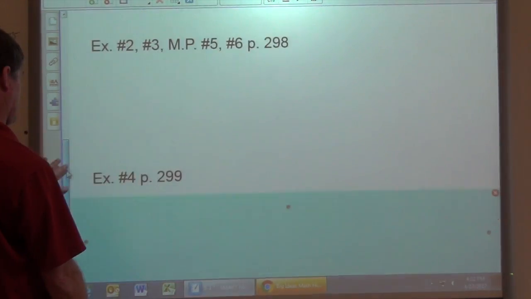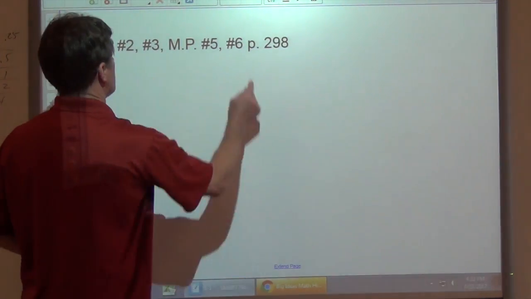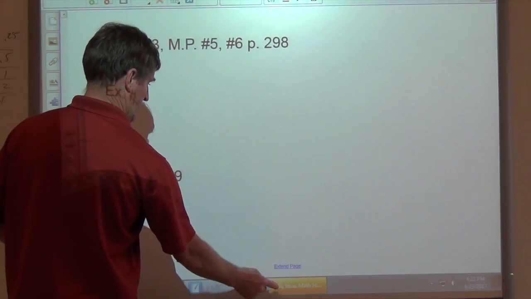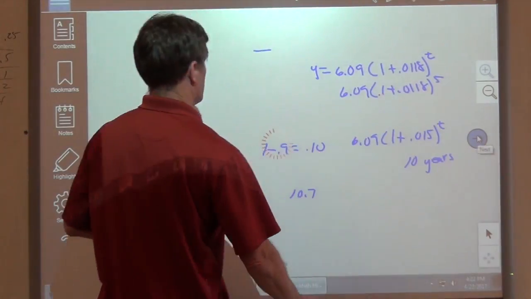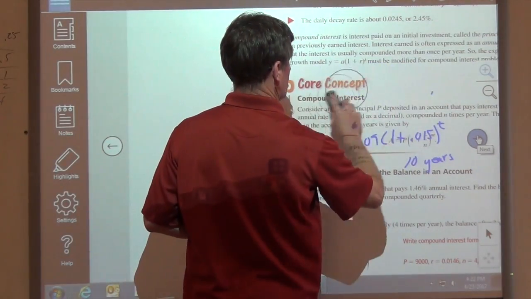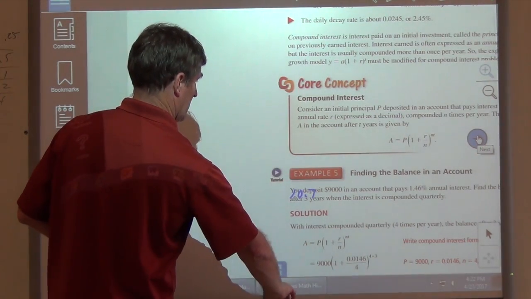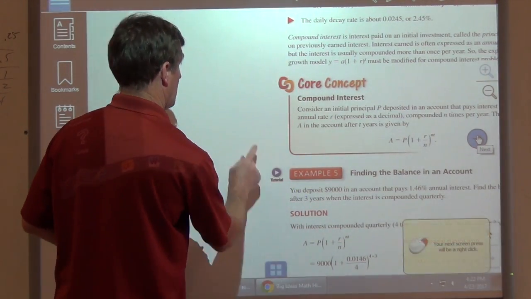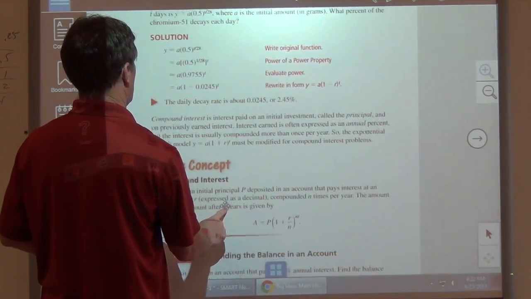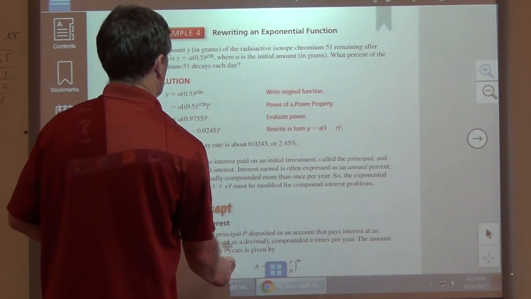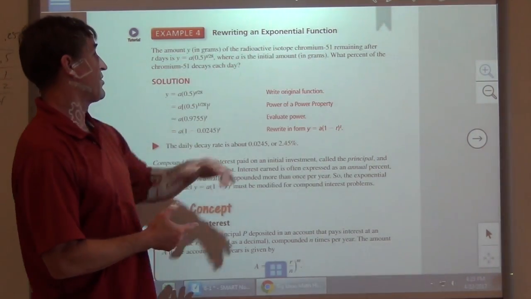So next I want to look at example number 4 on page 299. So let's go back to the book. If you want to look at example number 4, it says rewriting an exponential function.